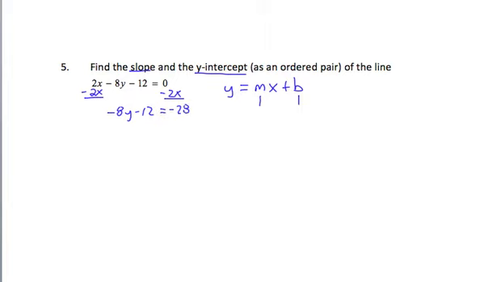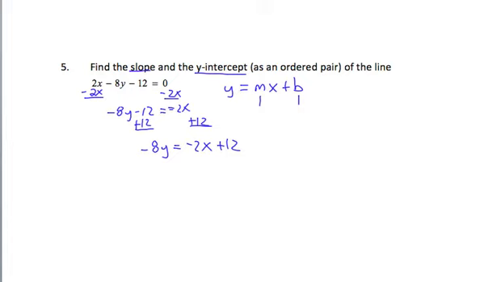Not 28. Still continuing to undo addition or subtraction, I would want to add 12 to both sides. So then I have negative 8y equals negative 2x plus 12.